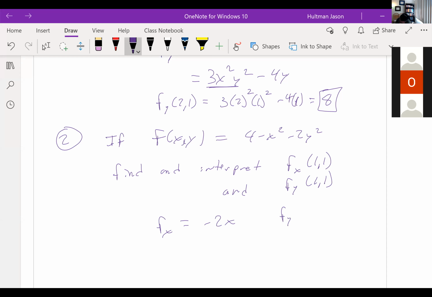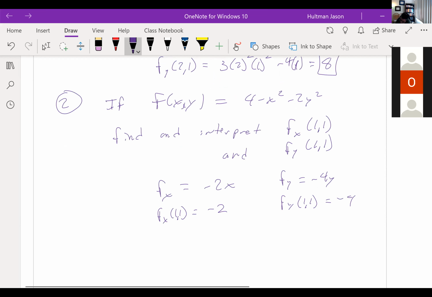F sub y is going to be equal to negative 4y. Allowing the 4 to be a constant goes away, allowing the negative 2y squared to be a constant if I'm taking the derivative with respect to x. So what does f sub x(1, 1) look like? Well, that's just going to be negative 2 times 1, which is negative 2. And what's f sub y(1, 1)? Well, that's just negative 4.